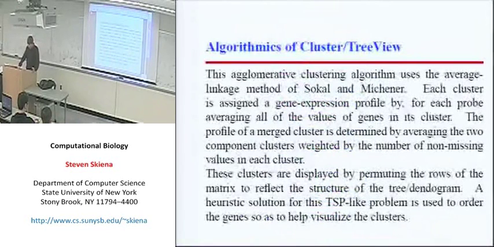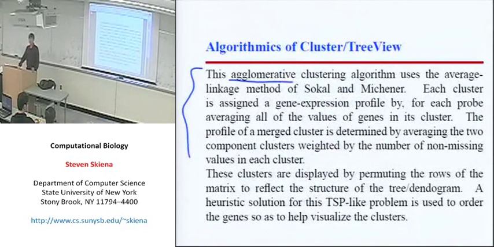The clustering algorithm that they used in TreeView, or at least as a default, is an agglomerative clustering method. So it's from the individual elements merged up, okay? And there are lots of different criteria for merging clusters.